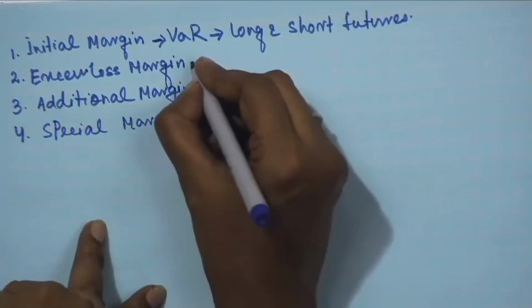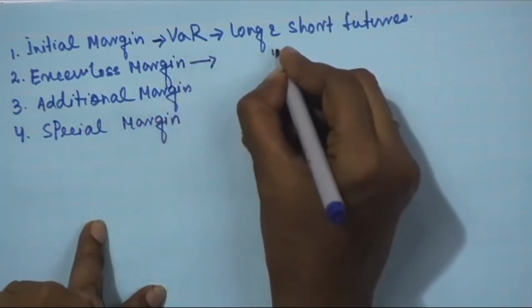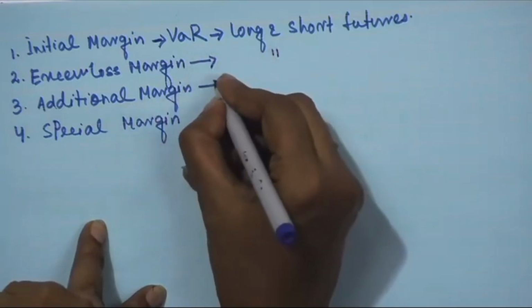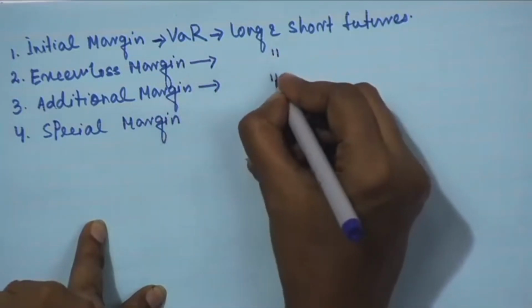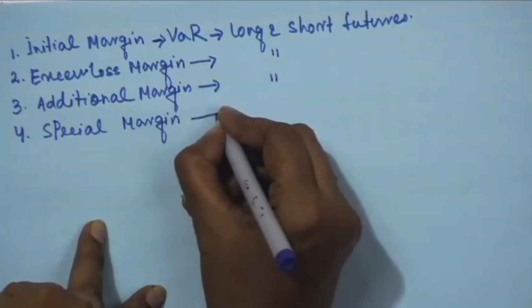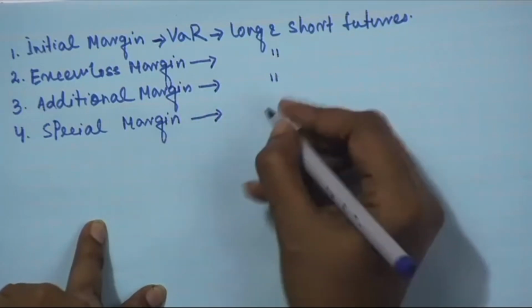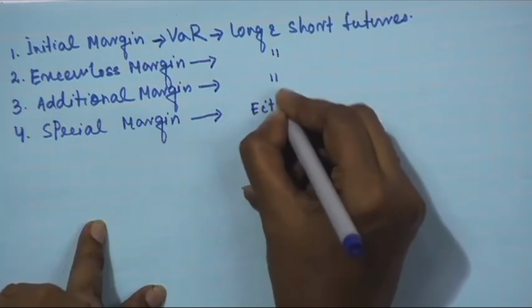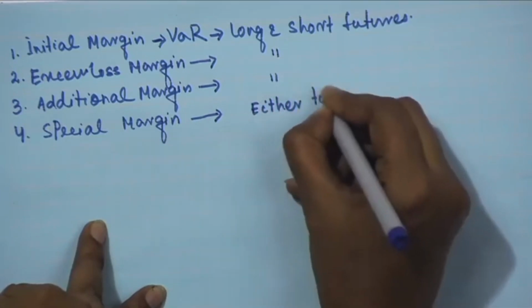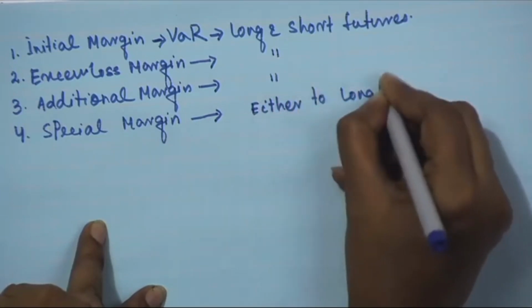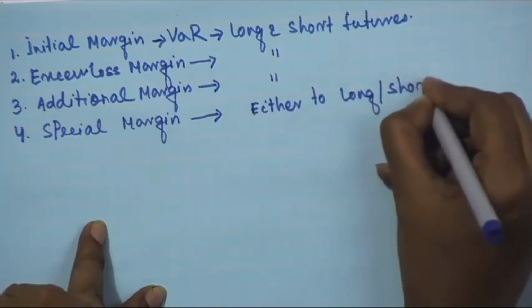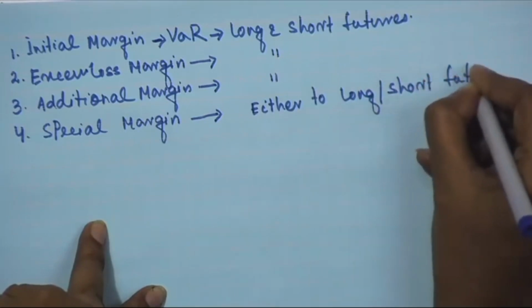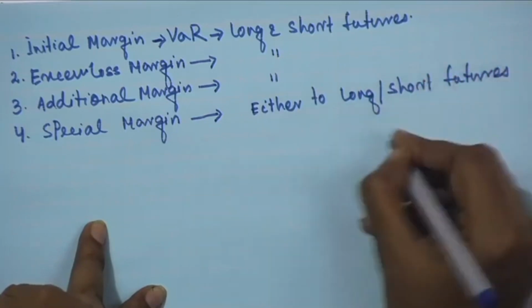Excess margin is asked of both parties. Additional margin is also asked of both parties, but special margin is asked of either long or short futures position holders.